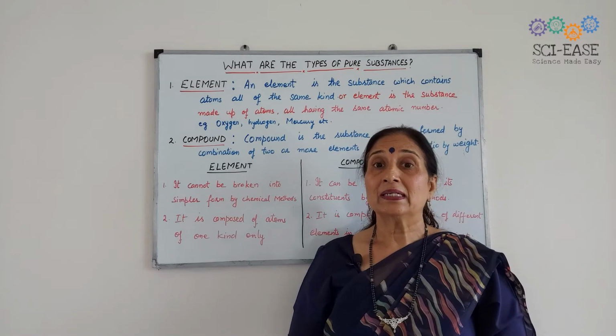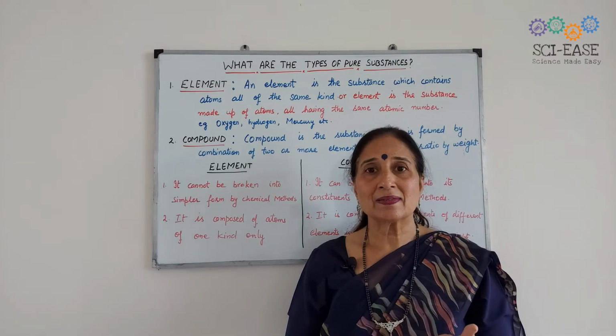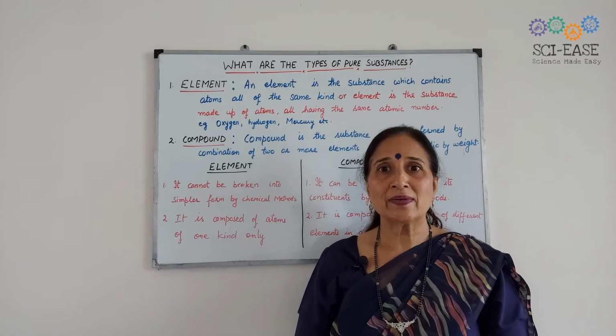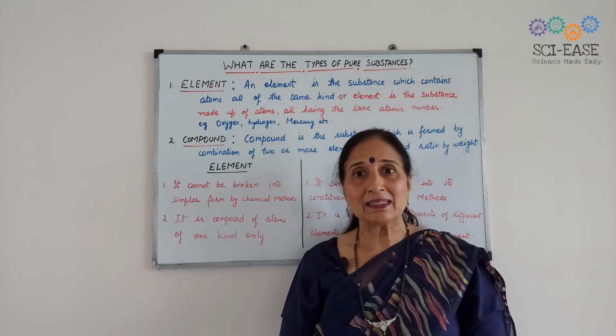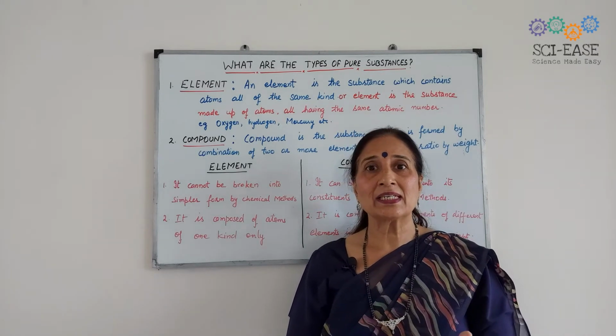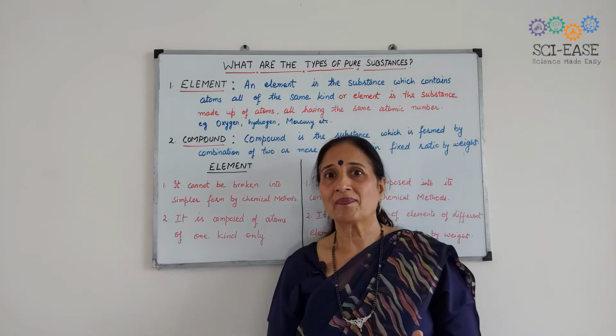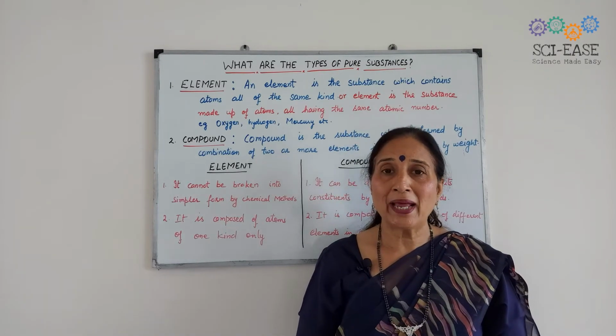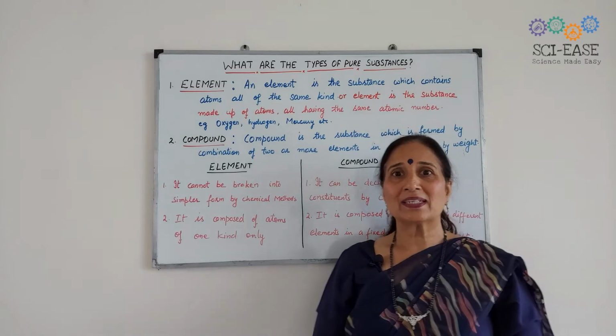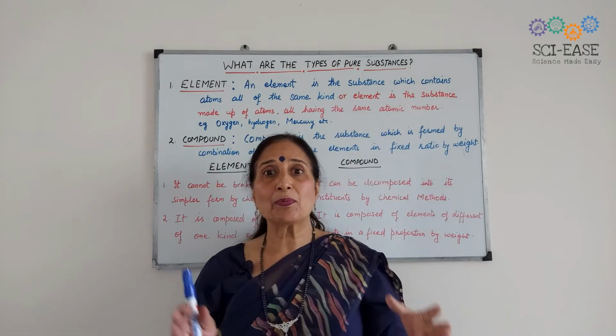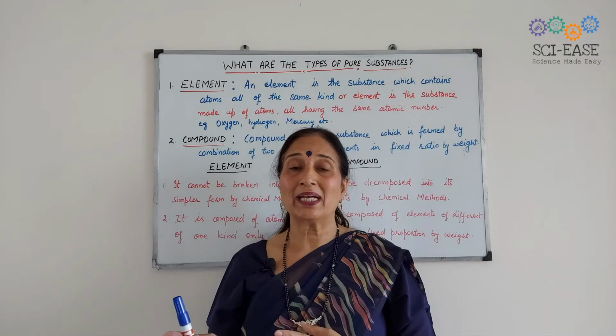And they are non-lustrous, non-sonorous, bad conductor of heat and electricity. No doubt graphite, that is an exception. Then they are non-malleable, non-ductile. So these are the properties of metals and non-metals.